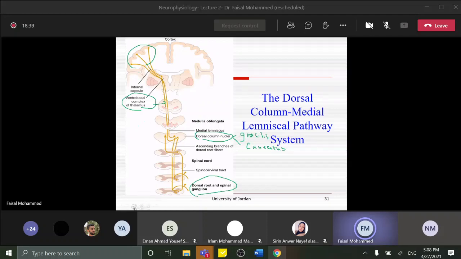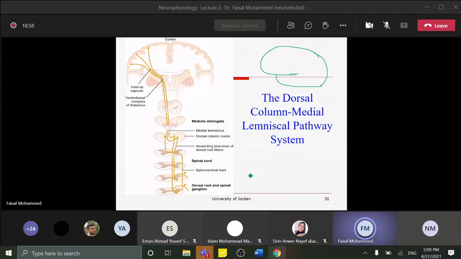Look at the cerebral cortex. This is the cerebral cortex; in it there is something called a sulcus, a groove. This is a sulcus, this is another sulcus, and this is a sulcus.